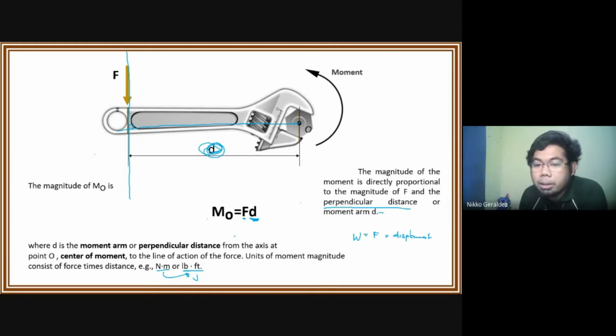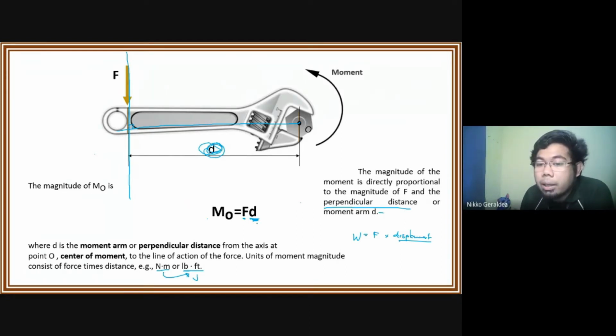Magkaiba yan. Pag sinabing work, merong displacement, merong change in the position of the object. Kaya nga displacement. While dito sa moment, that is force times perpendicular distance, walang change in position.